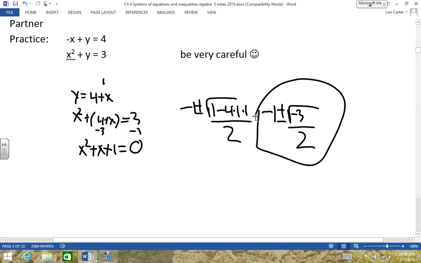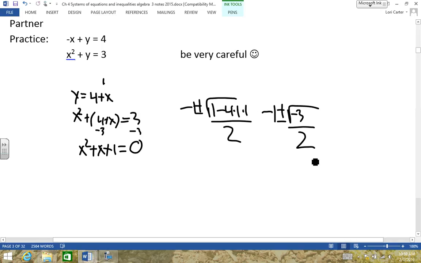What's the square root of negative 3? So rewrite that: negative 1 plus or minus i square root of 3, all over 2.